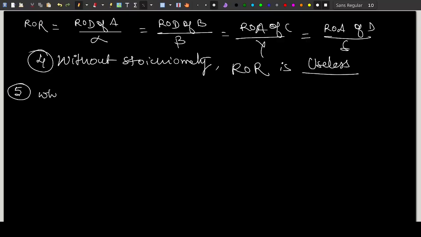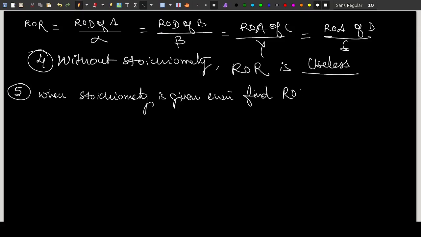So when stoichiometry is given, then you have to find rate of reaction according to the given stoichiometry.